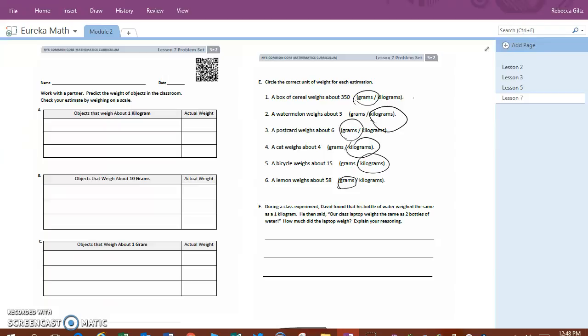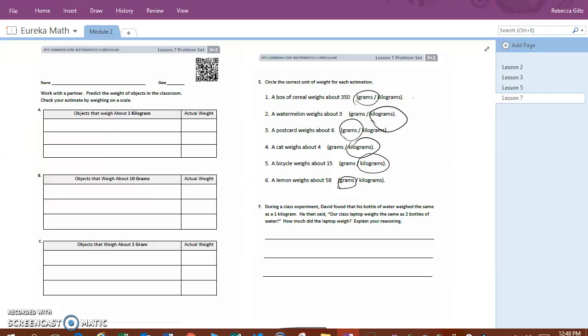All right, the last one says, during a class experiment, David found that his bottle of water weighed the same as a 1 kilogram weight, is what it should say. He then said, our class laptop weighs the same as 2 bottles of water. How much did the laptop weigh? Explain your reasoning.